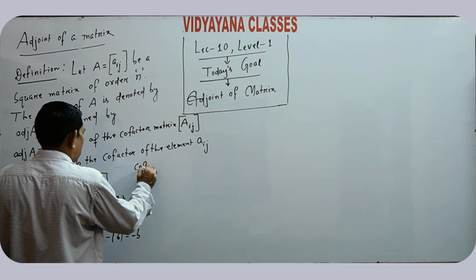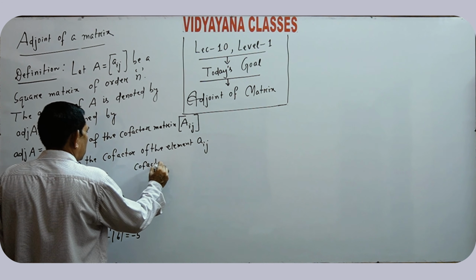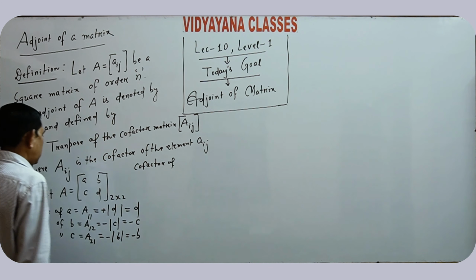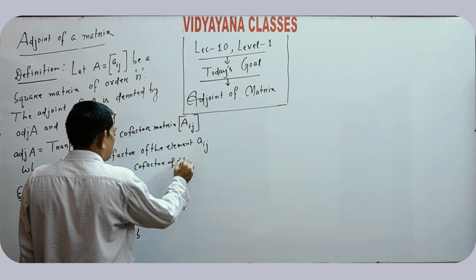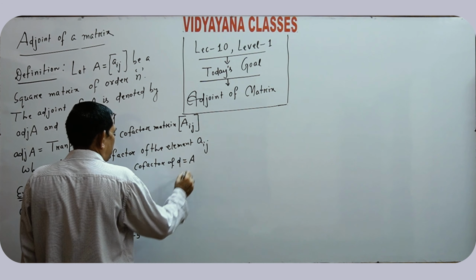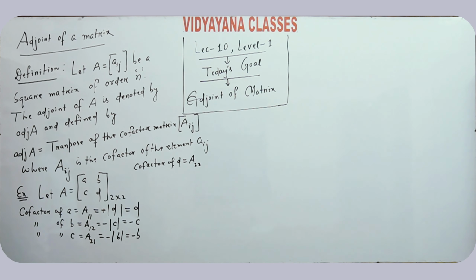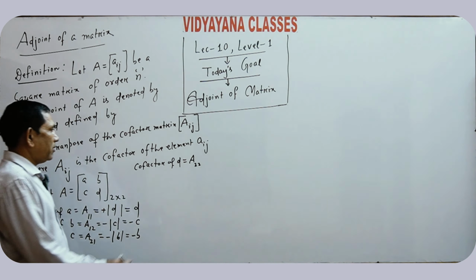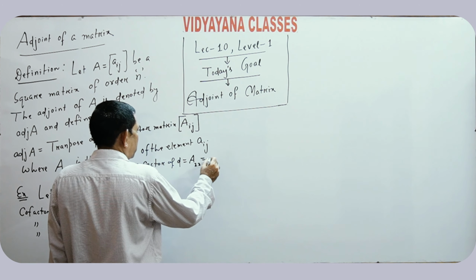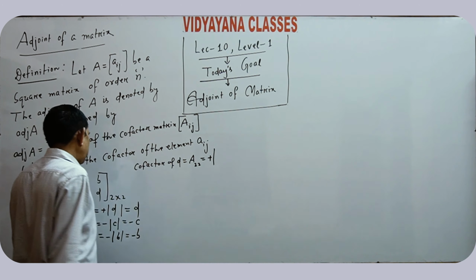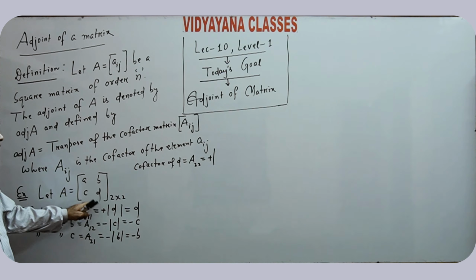Cofactor of d, which is denoted by capital A22, element of second row and second column, its sign is positive into determinant having element.